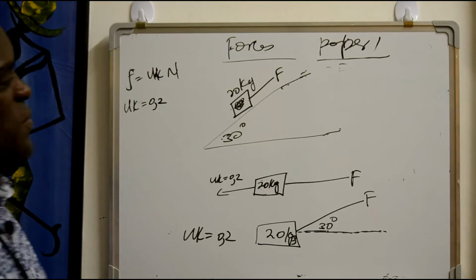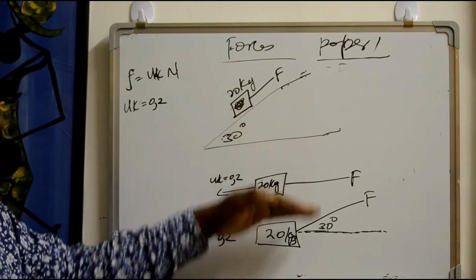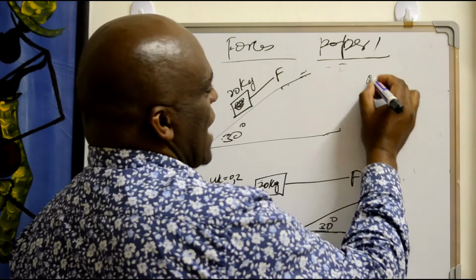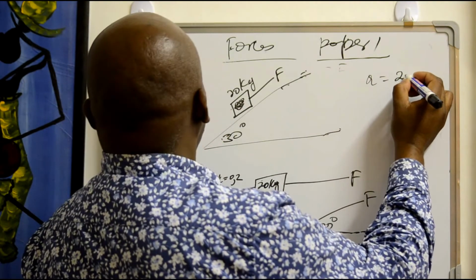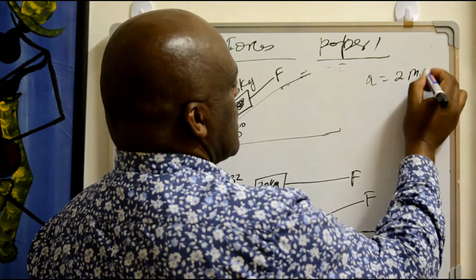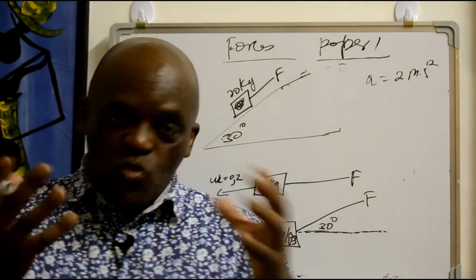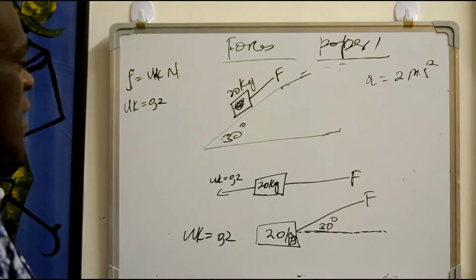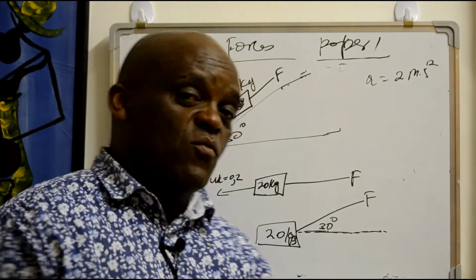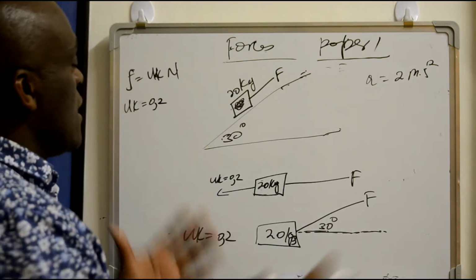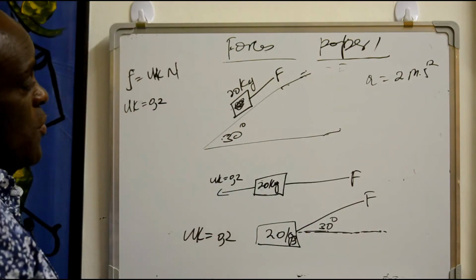Say all these objects have an acceleration of 2 meters per second squared. For argument's sake, they have the same acceleration. I just want to show how to express the formula for calculating these problems.